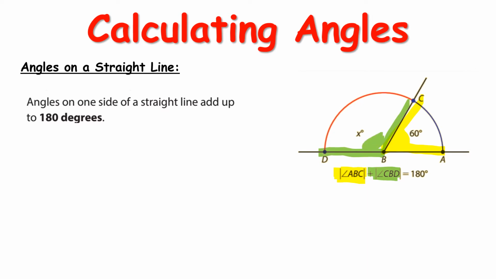Now this is a great example of why you couldn't just use B, because there's two angles at B, so you couldn't just call them B. It'd be like having our two Anns in the class and saying Ann, and nobody knowing which one you're talking about. But when you add these two together, they should add up to 180.